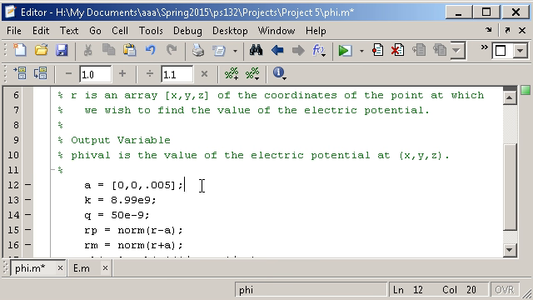So this represents a vector plus Q at zero, 0.05 meters.